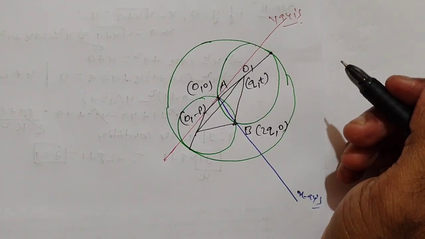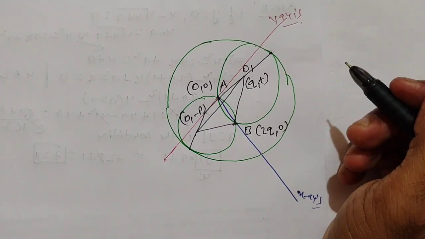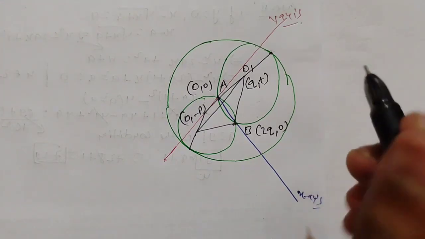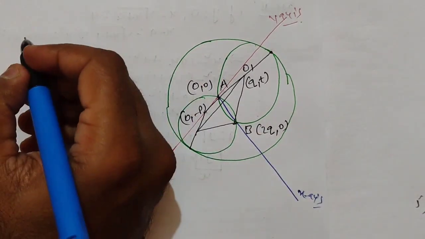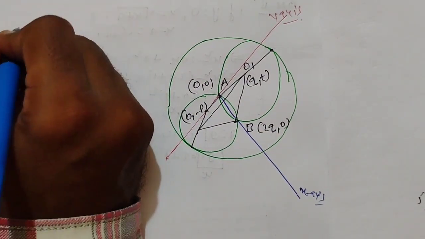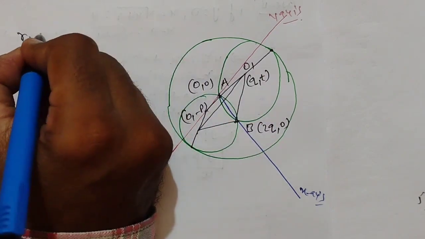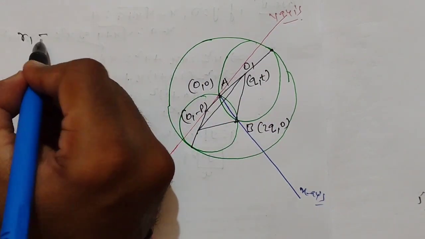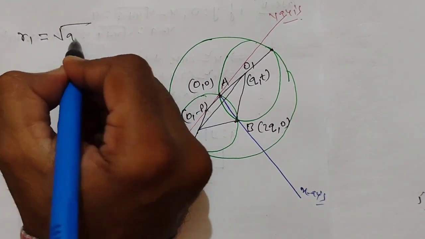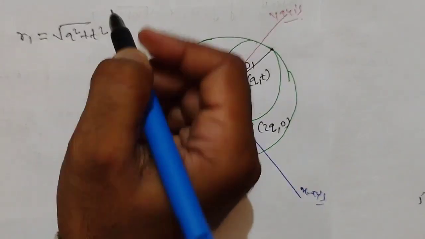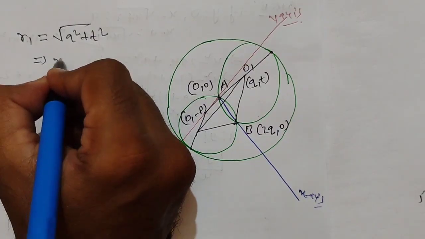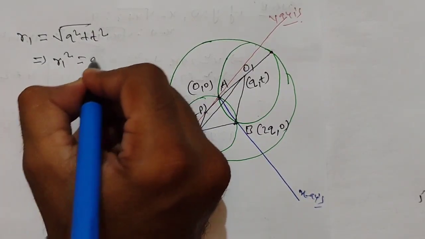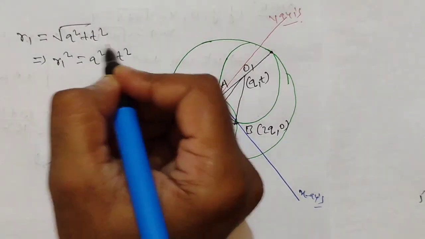Now if we use the radii of the given two inner circles, R1 is equal to the square root of q square plus t square, and this will imply R1 square is equal to q square plus t square.